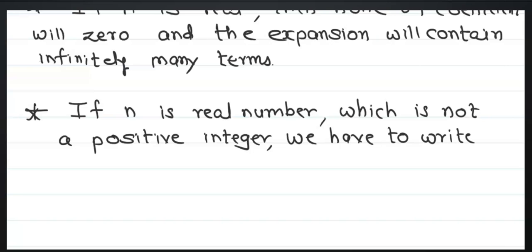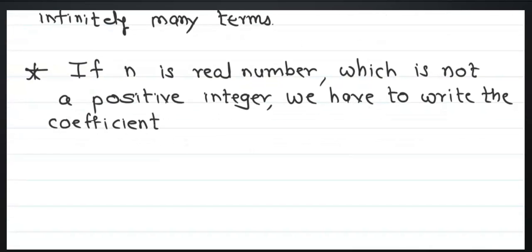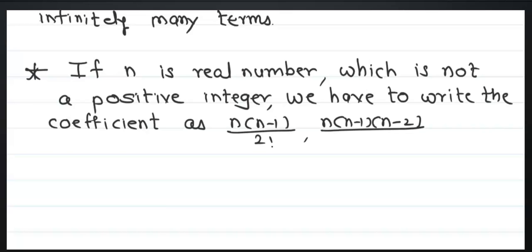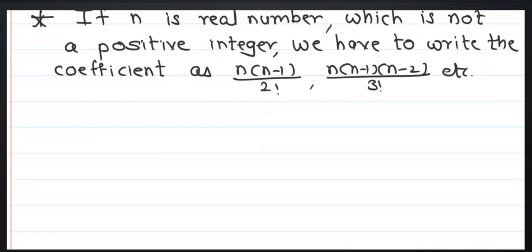We have to write the coefficients as n into n minus 1 upon 2 factorial, n into n minus 1 into n minus 2 upon 3 factorial, etc.